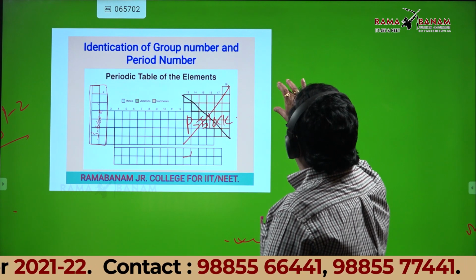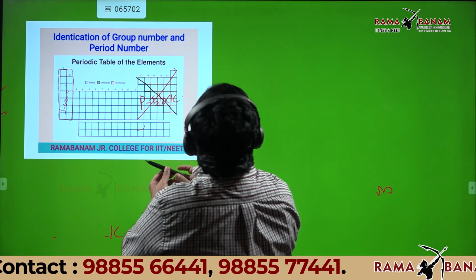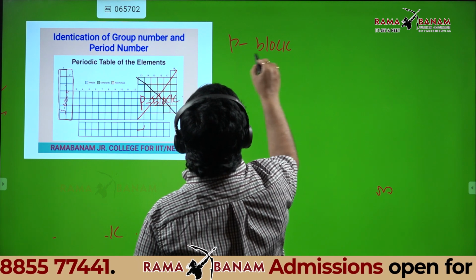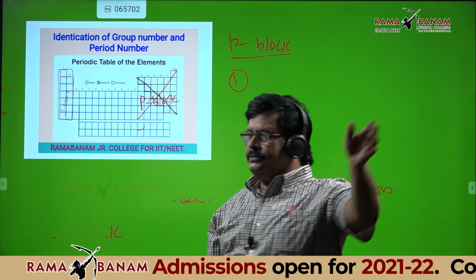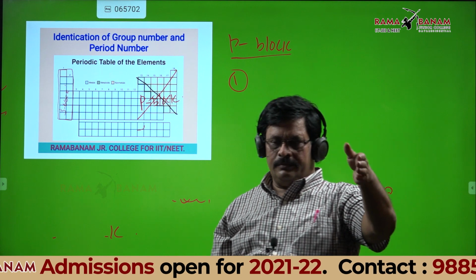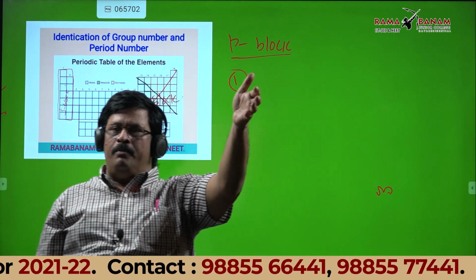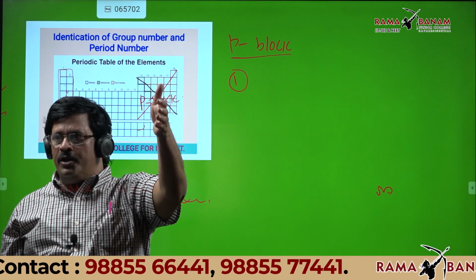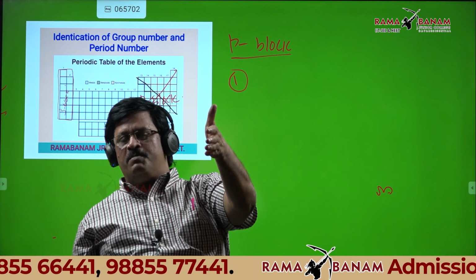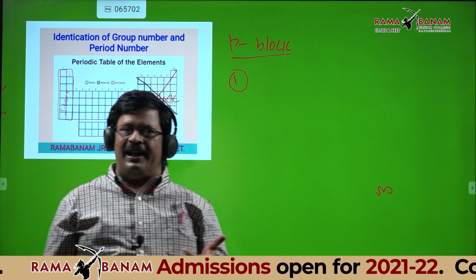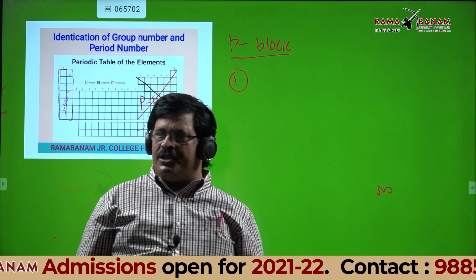Continue, sir. What you wrote in the S block, see the first point, based on that, can you tell what is the first point in P block? Try to understand.